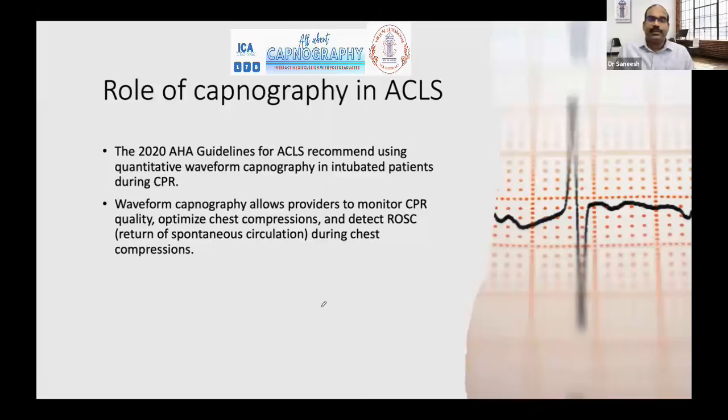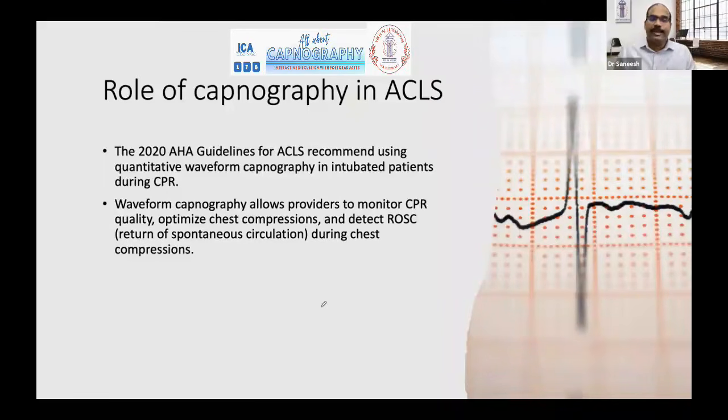The moment you decide to go ahead with a definitive airway during a cardiac arrest scenario, it is a great decision, but it should not harm the patient. The moment you put a definitive airway, it should be in place. You cannot put an endotracheal tube into the esophagus just because you are in a hurry and continue with the ACLS guidelines. You won't revive the patient.